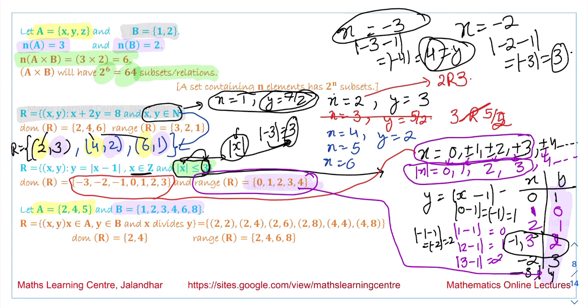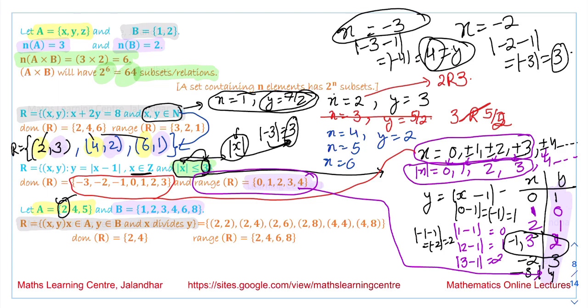The relation R is given to be the set of elements x and y such that x belongs to A and y belongs to B, and x divides y. So we have to find which of these elements are related, given that x divides y.